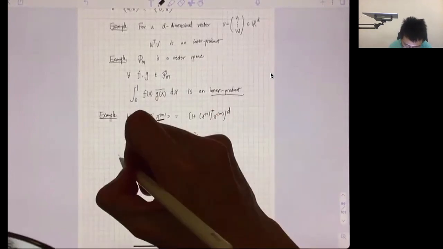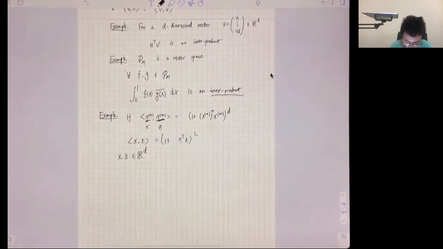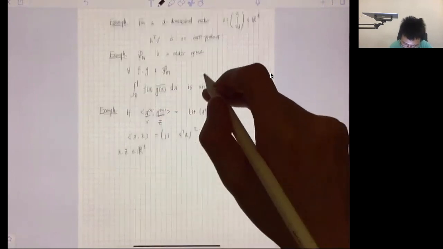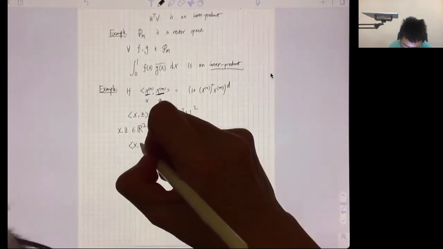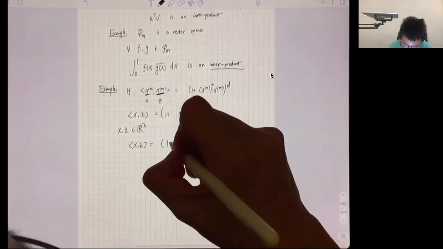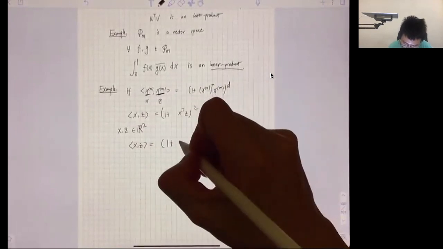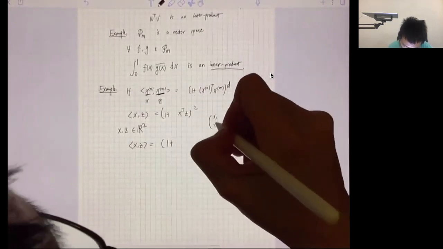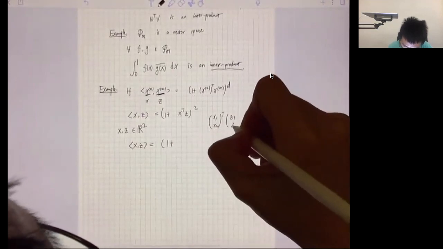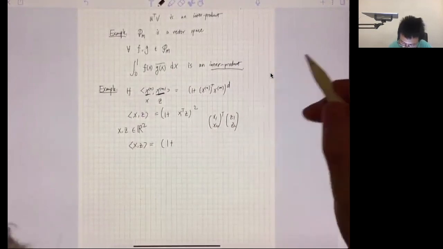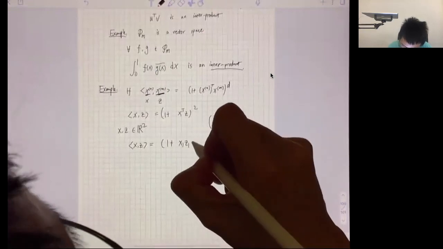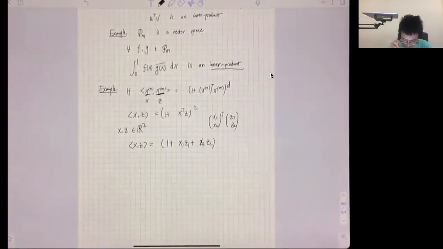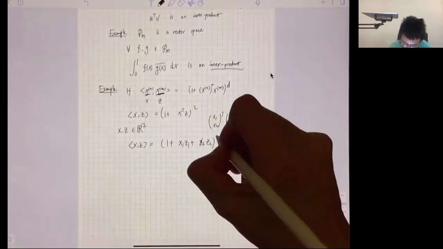And let's also assume that x and z are two-dimensional features, okay? Just for simplicity, two-dimensional real vectors. So it's actually saying the inner product of x and z is 1 plus, what is this? This is x1, x2 transpose z1, z2. And this is essentially x1 z1 plus x2 z2, okay, to the power of 2.